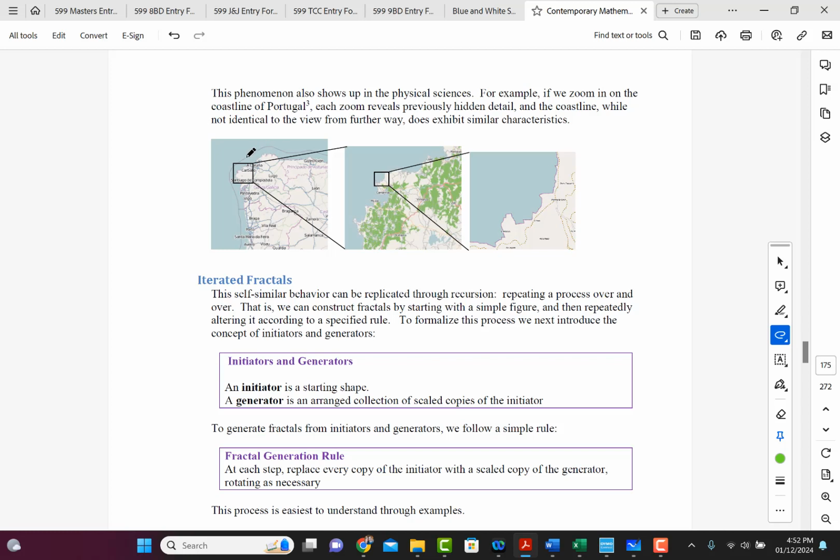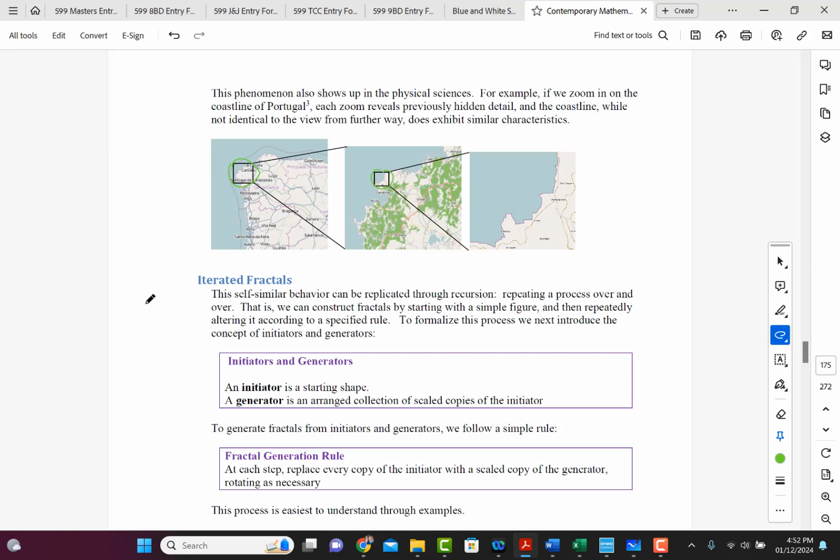As we can see here. Okay, so as we take this coastline, blow it up to this size, and we take this and we blow it up, it looks the same, or similar, I should say.